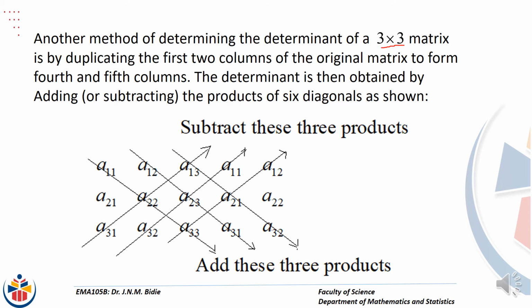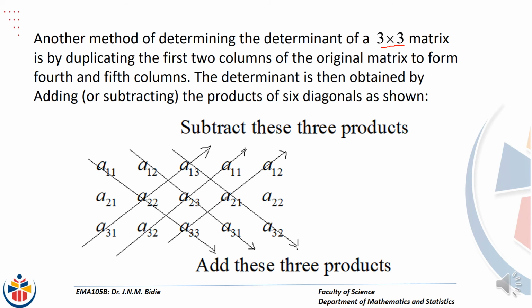The ones going down, we add their products; the ones going up, we subtract their products. So all you need to do is to take the first column, repeat it, second column you repeat it, and then make sure that the diagonal goes through 3 entries.